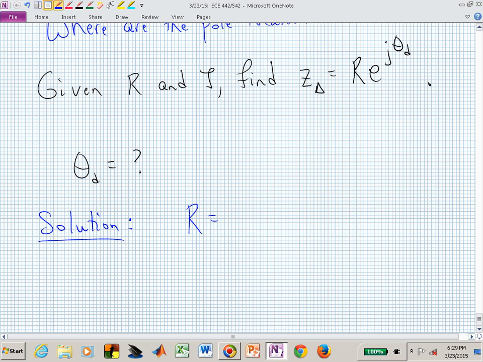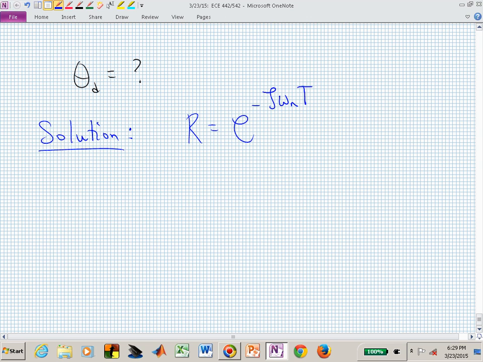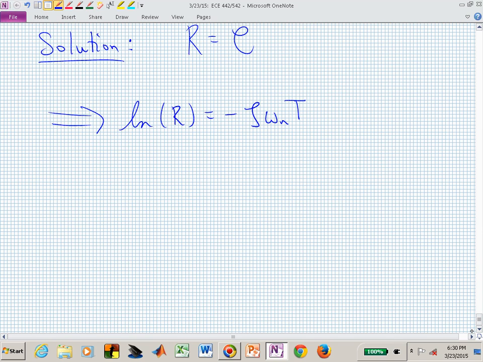How is r parameterized? That was e to the minus sigma t, but sigma is zeta omega sub n. We now know r is e to the minus zeta omega sub n t. If we take the natural log of both sides, we can isolate some of the terms.